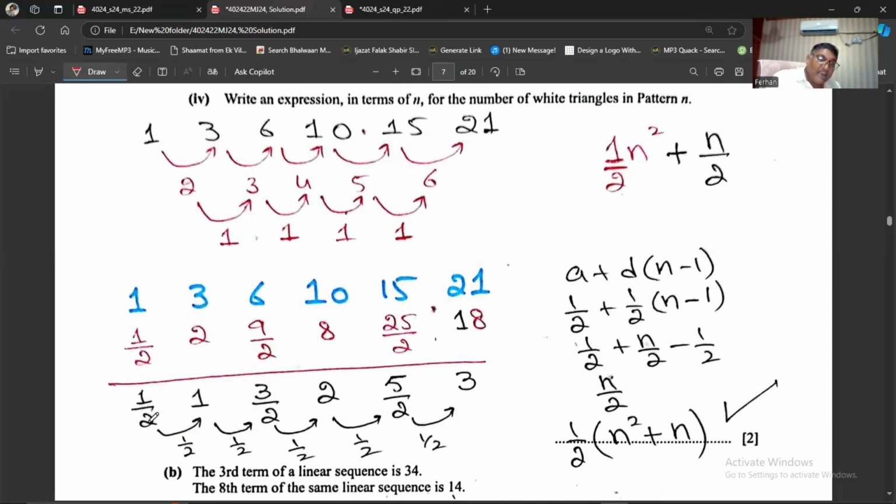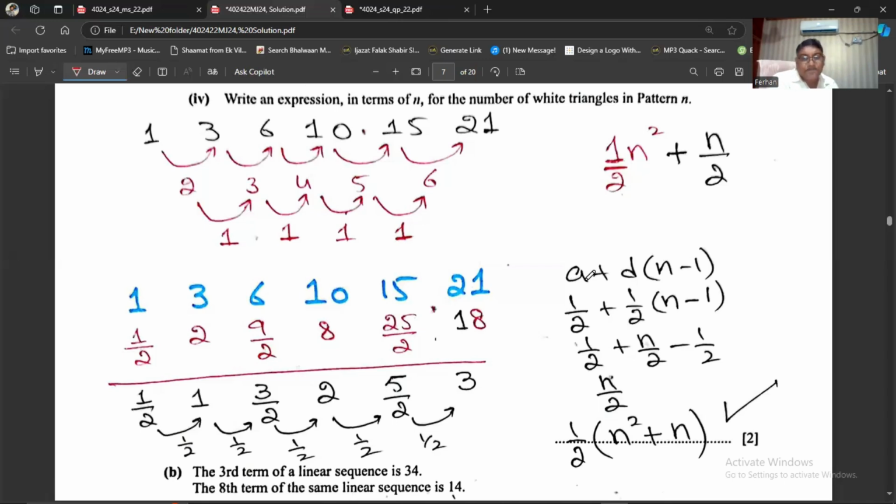Then I will find again the difference between these terms, and I will see that the difference is 1 by 2, the difference here is again 1 by 2, 1 by 2, 1 by 2. So this is an arithmetic sequence, and I will find its nth term. That will be a plus d bracket n minus 1 bracket close. A means the first term, d means the common difference.